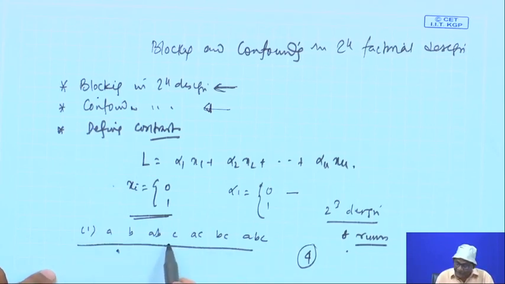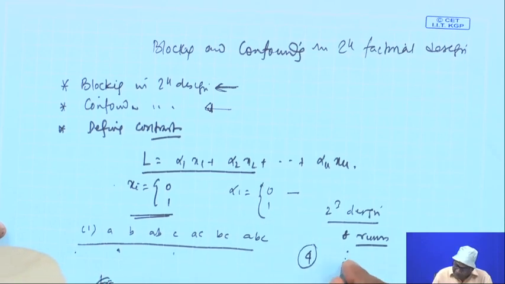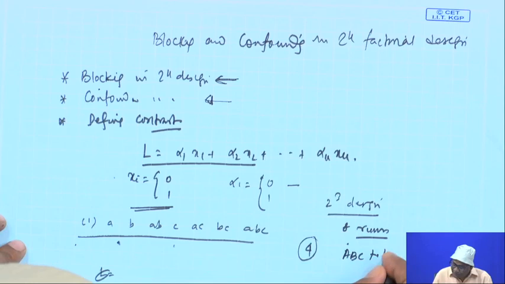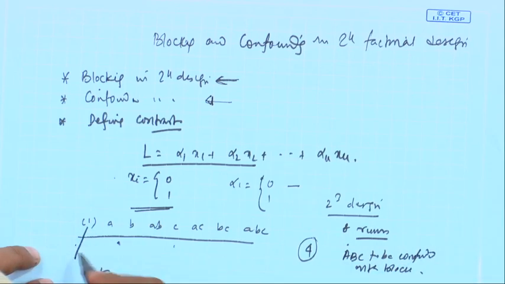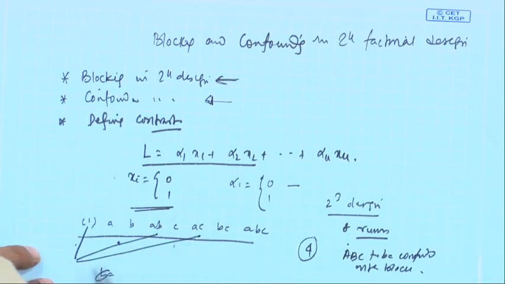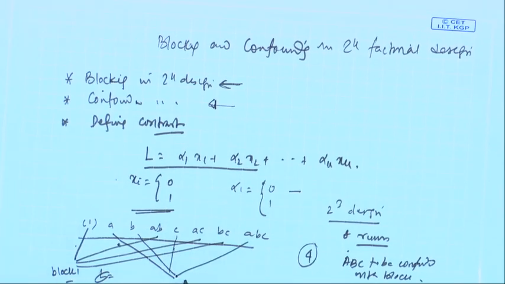Which treatment combinations will go to block 1, and which will go to block 2? Using this concept, if the effect to be confounded with block is ABC, then we have seen that 1, AB, AC, BC will go to block 1, and A, B, C and ABC will go to block 2.